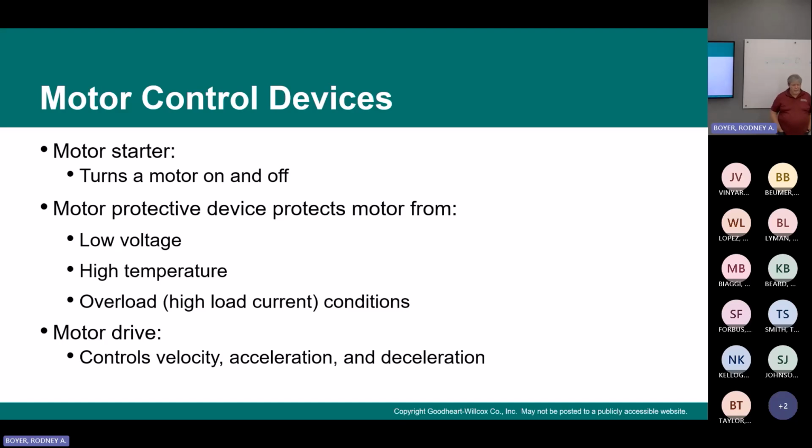The only way is to change the frequency that it operates at. That's what a VFD is. That's why it's called a VFD. It's a variable frequency drive. You're varying the frequency to control speed. And then how fast you change the frequency will determine how long it takes it to accelerate or decelerate.